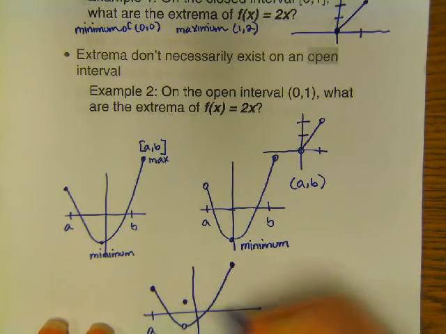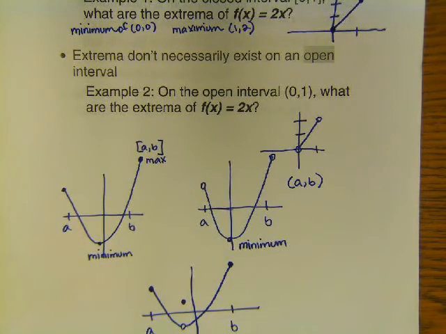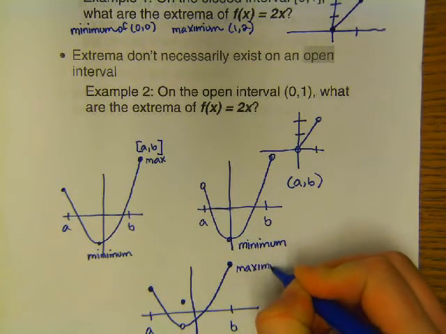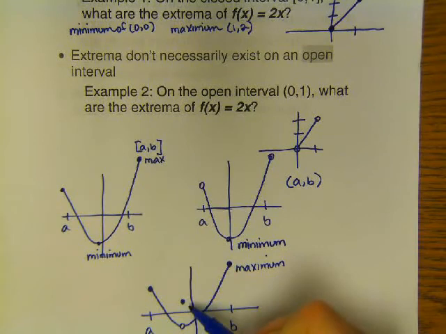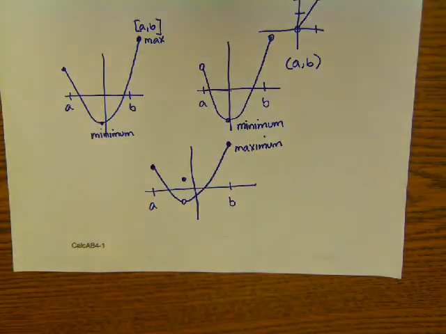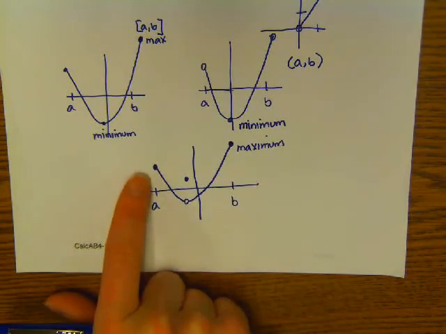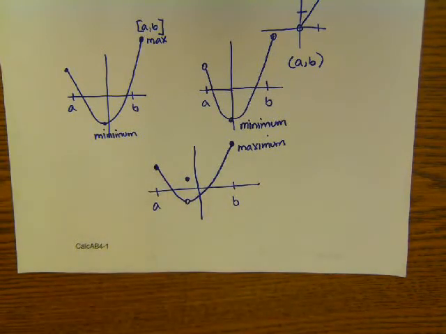Alright, so in this case, the maximum would be up here, and this, you can't see it, is not continuous there, so this point is no longer a minimum. So we wouldn't call it a minimum because it's not filled in there. Well, and this isn't the minimum either because it's higher than the points there. So basically, it's not continuous.